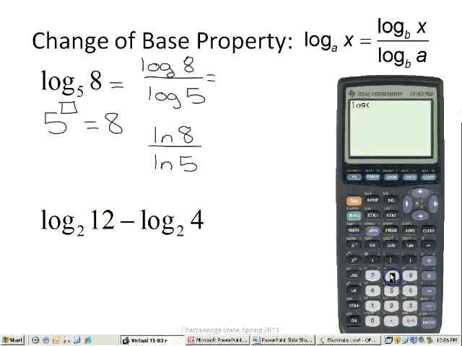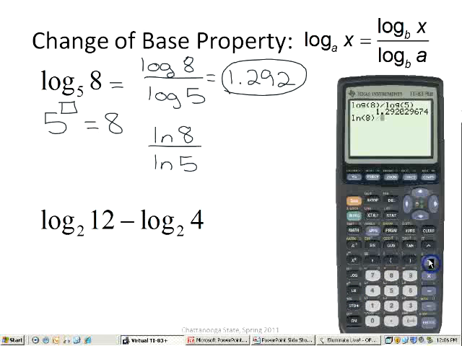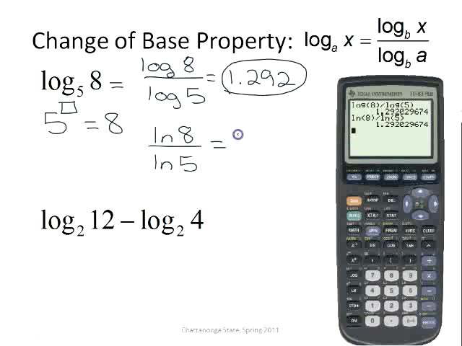And by doing this, let's see, log of 8, got to be sure I close the parentheses in my calculator, divided by log of 5, close the parentheses, gives me 1.292. I'll just go 3 decimal places here. If I do the same thing with the natural log button, notice that I get the same value.